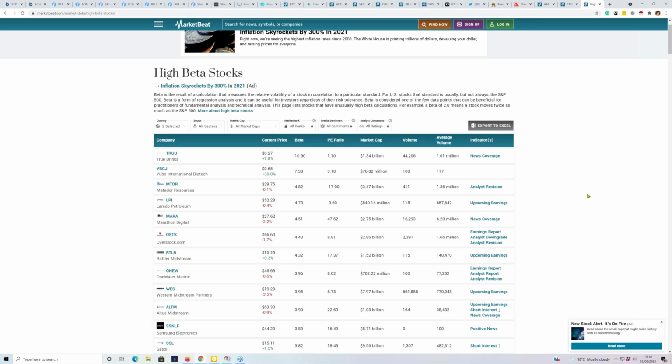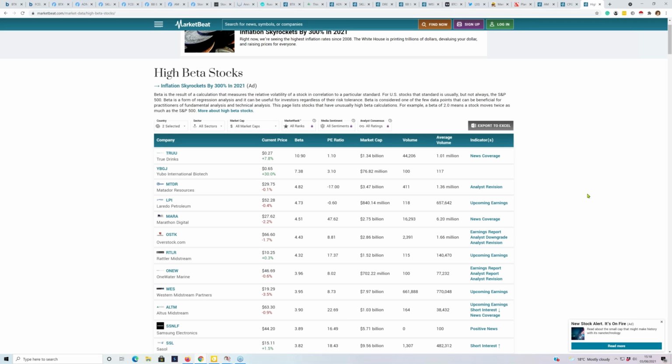We have to start unraveling this ball of string, as it were. And we've looked at different approaches. We looked at sectors. We've looked at different free sites. MarketBeat is one of them. We looked at FinViz, and Barchart, to gather all this disparate information that we can put together.